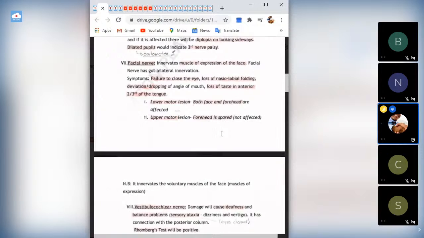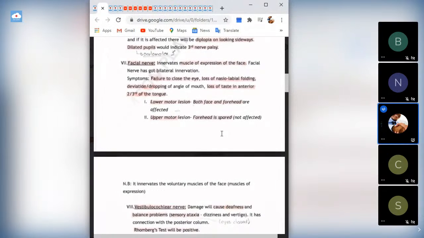What's that phenomenon called? Okay, now there is also the muscle that helps you to wrinkle your forehead. It's also supplied by the facial nerve, like we mentioned, muscles of facial expression.